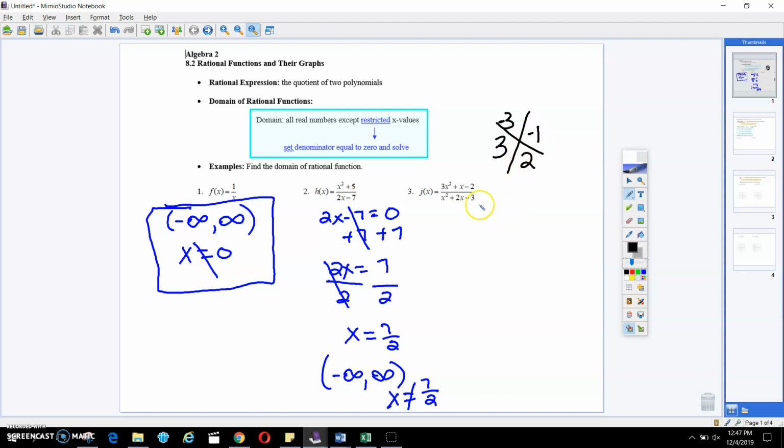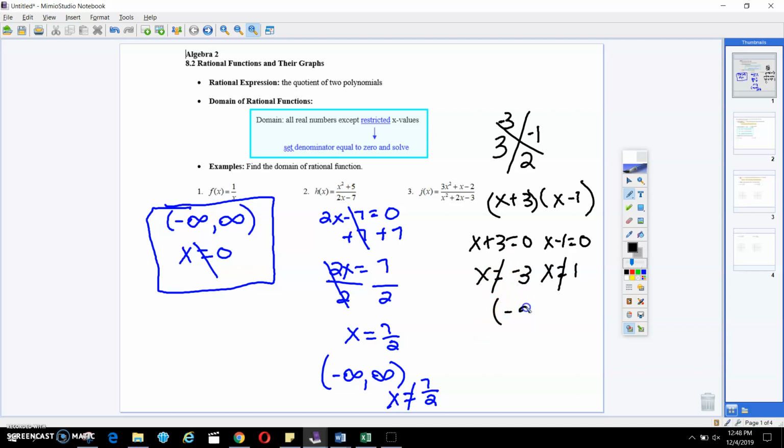Okay. So we're going to take both of those and put them in factored form. That's going to be x plus 3 and x minus 1. We're going to set both of those equal to 0, and we're going to solve. And so x cannot equal 1, and x cannot equal -3. But we've got all real numbers otherwise.